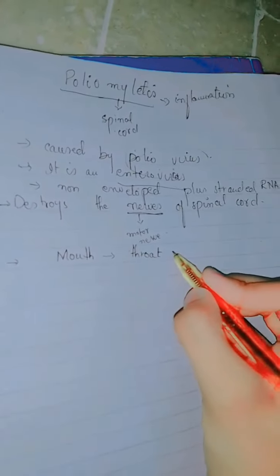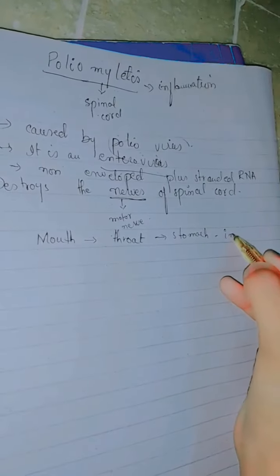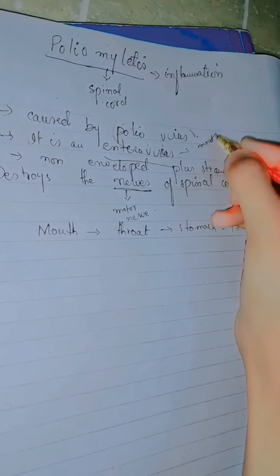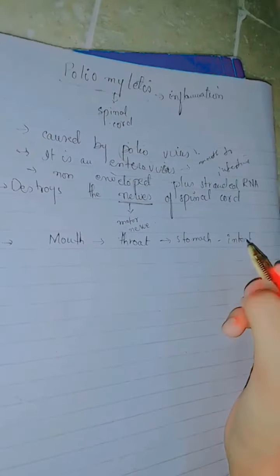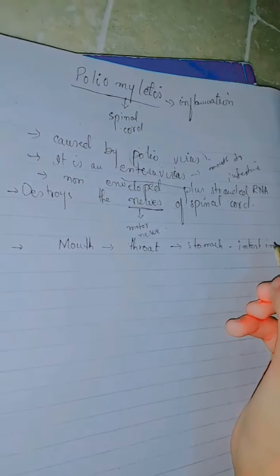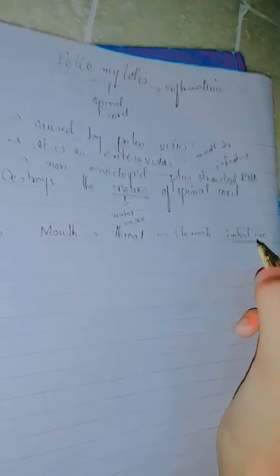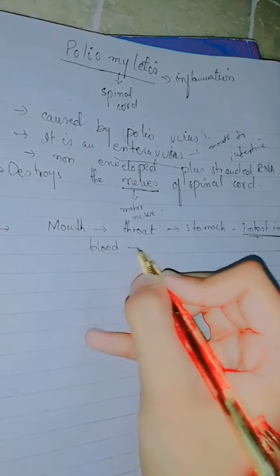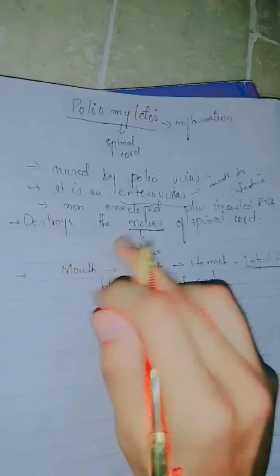Then it will lead to the stomach, and then to the intestine, which is also lined by mucous membranes, so it will multiply here as well. Then it will move to the blood. Through blood it will move to the spinal cord, and finally in the spinal cord it will destroy the nerves, that are motor nerves.